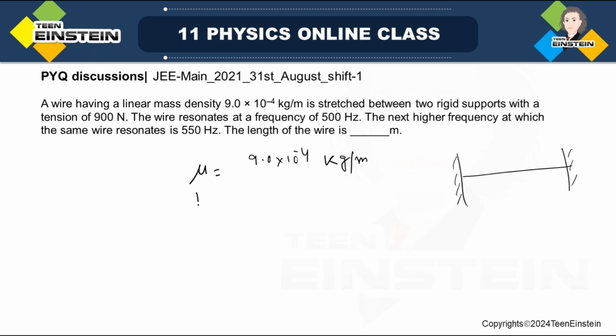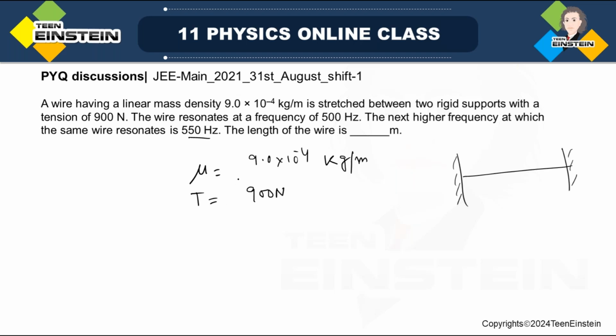The tension in the string is 900 Newton. The wire resonates at a frequency 500 Hertz. The next higher frequency at which the same wire resonates is 550 Hertz.